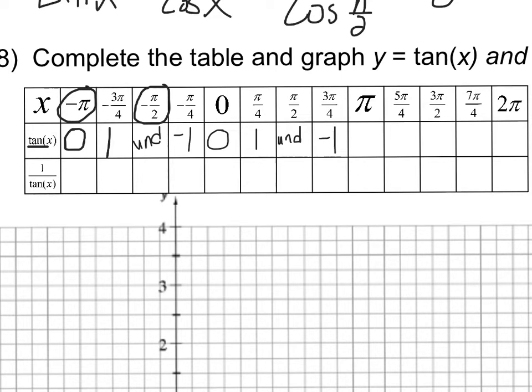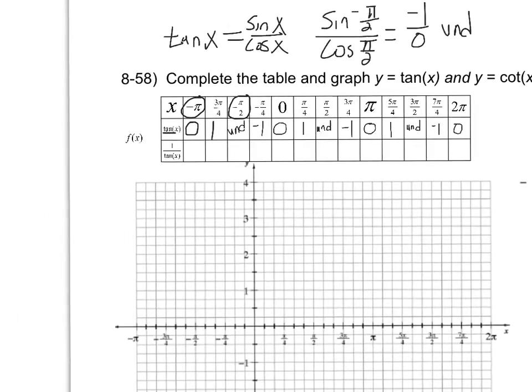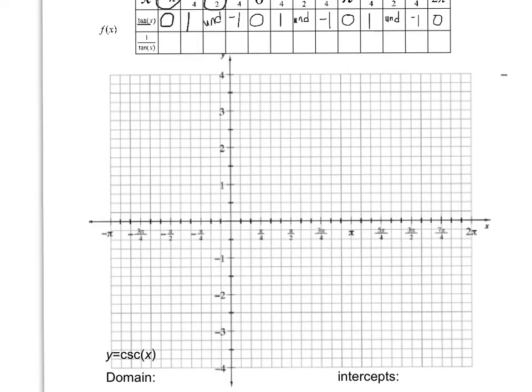Tangent of pi, 0. The tangent of 5 pi over 4 is 1. Tangent of 3 pi over 2, that's going to be undefined. The tangent of 7 pi over 4 is a negative 1. Tangent of 2 pi is 0. Now we'll take and graph this one first.